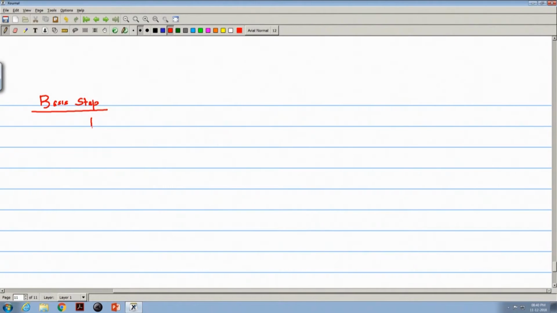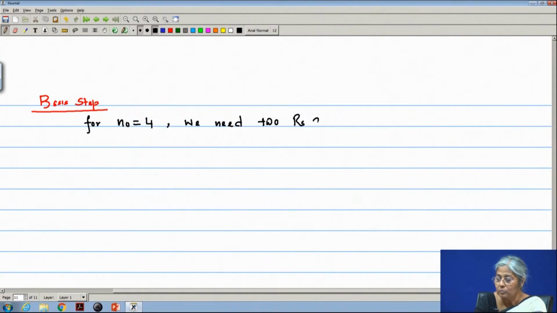So, now we see the proof. Our basis step: for n0 equal to 4, we need rupees 2 stamps.